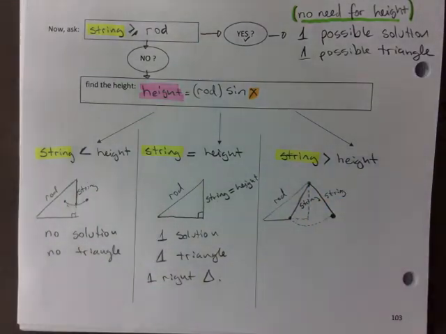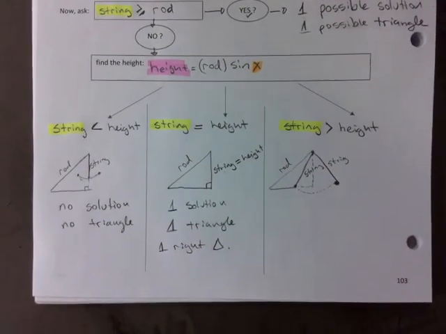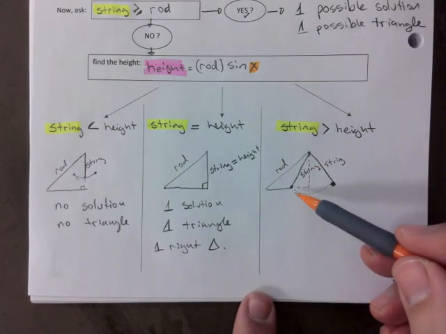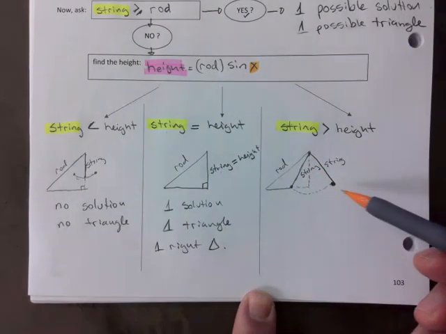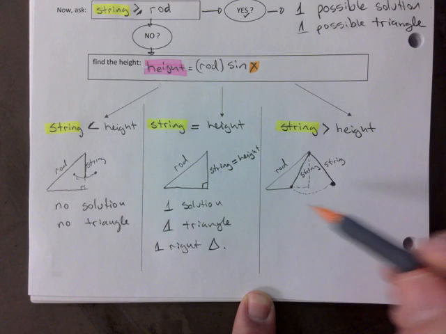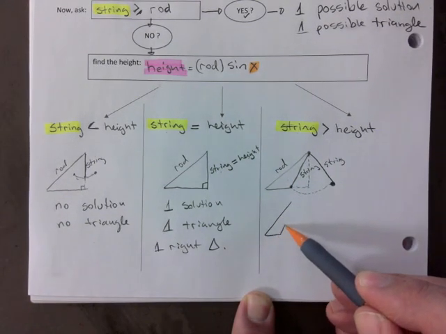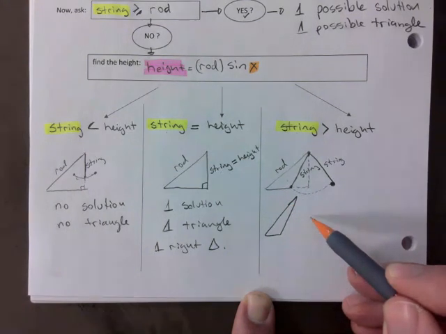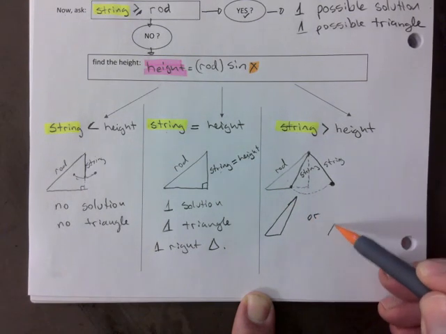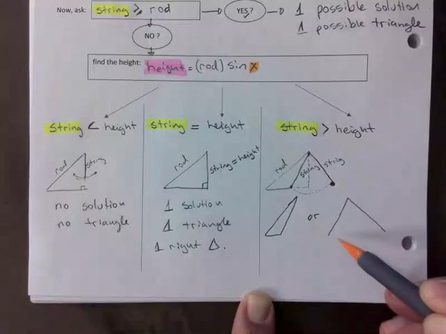So I will now split it up into the two triangles, because sometimes students take the wrong one. They think this is a triangle here. This is not the one we're talking about. We're talking about this one, or this one where the string swings out.